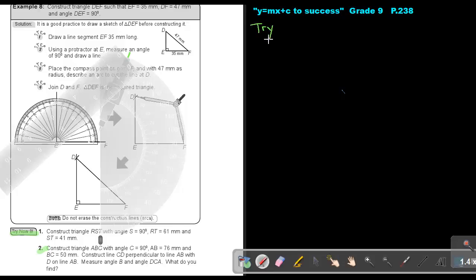Try Now 8, and we are at number 2. Construct triangle ABC with angle C 90, AB 76, and BC 50 millimeters. Let's stop there. First, make a sketch.